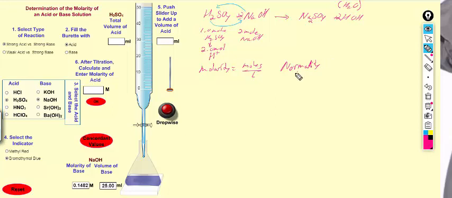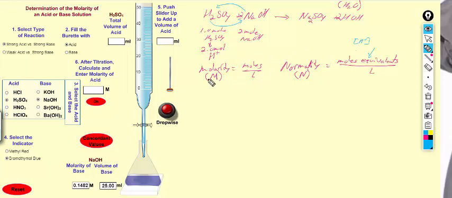Normality is given by this uppercase N, not M, right? Molarity is uppercase M. This is normality, and this is moles, but it's not moles of solute, it's moles of equivalents. Formally, the term we use is equivalents. Moles of equivalents per liter. And what an equivalent is, essentially, is hydrogen ions.